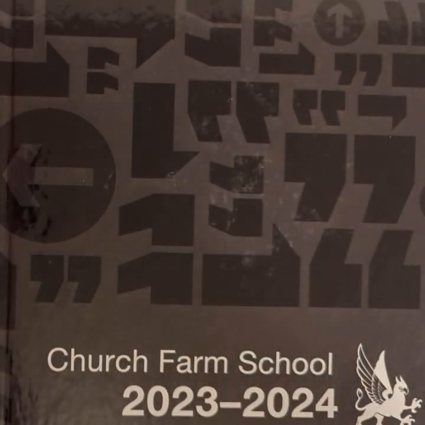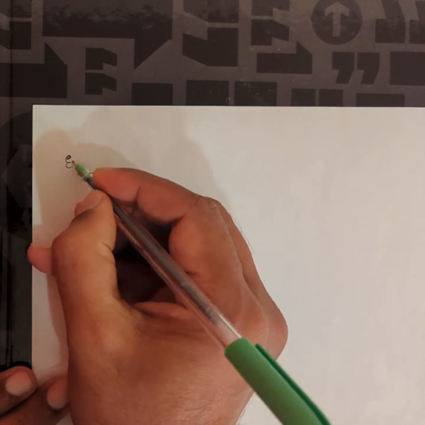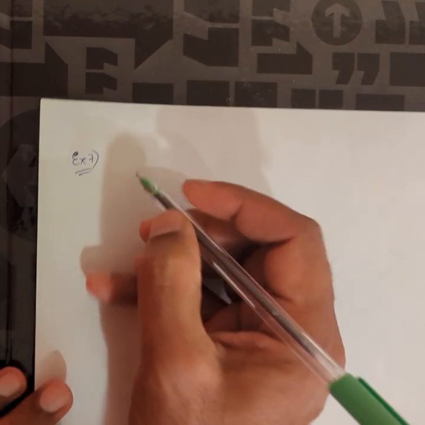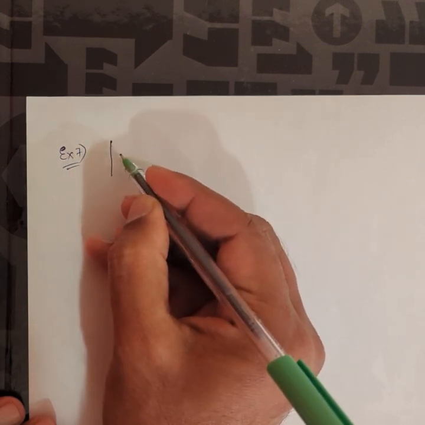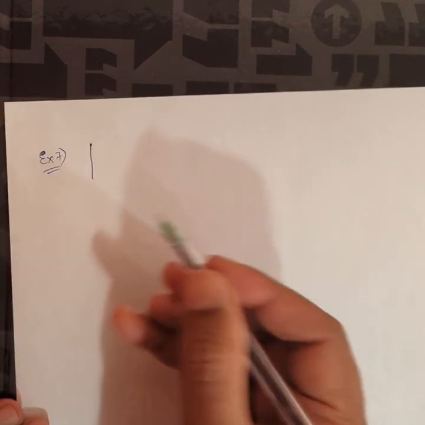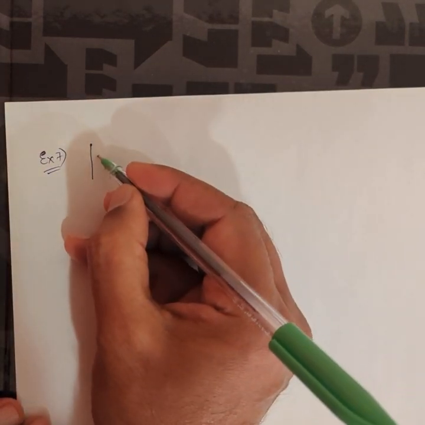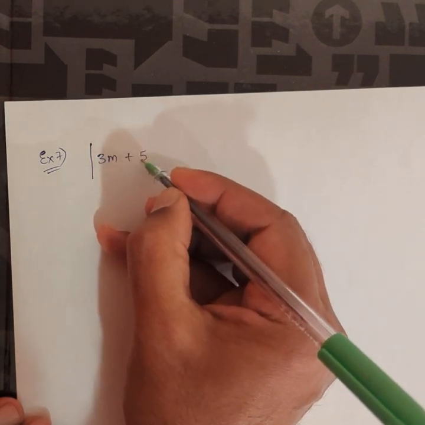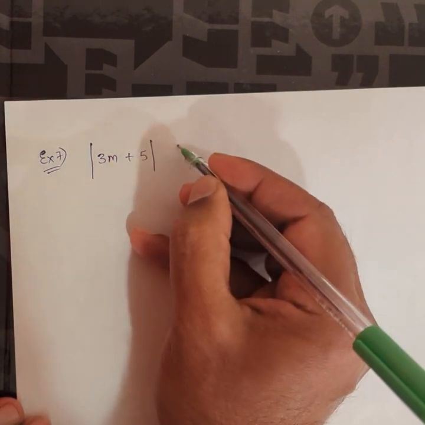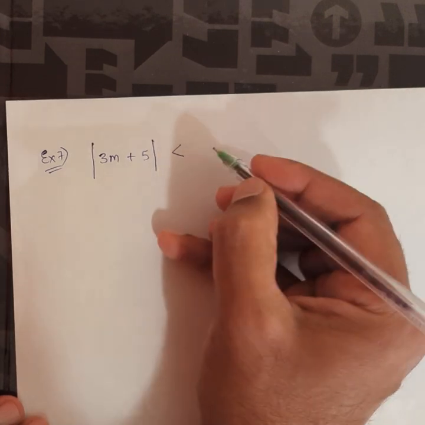And let's look at one more example where I have the expression within the absolute value. Now, it's not going to be just one variable. Let's say I got absolute value of 3m plus 5 is less than 20.